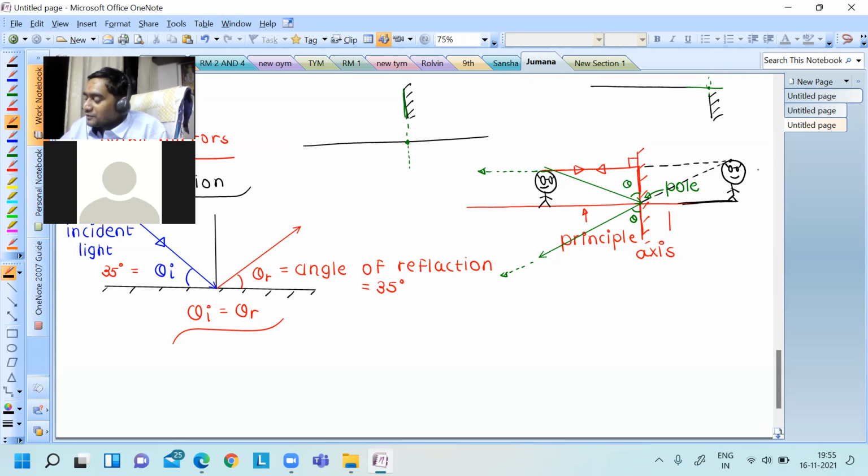So this is how our image is formed with the help of the reflected rays. The important thing is that the distance from the mirror to the object is called the object distance, denoted as u.